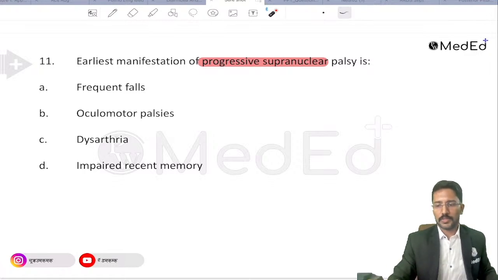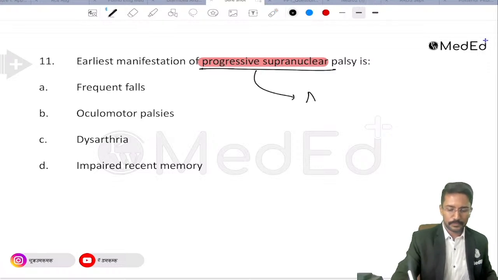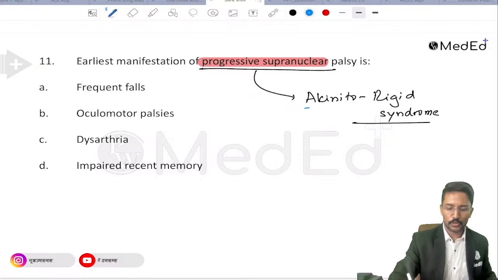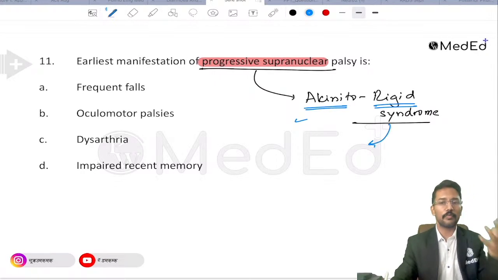Okay, what is the earliest manifestation? So I told you progressive supranuclear palsy is also an akineto-rigid syndrome. So these patients also have bradykinesia, reduced movement, and they also have rigidity. But the rigidity here is different from the rigidity of Parkinson's disease.